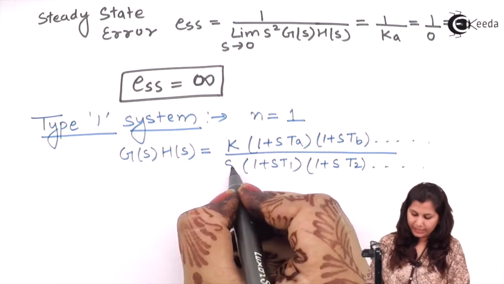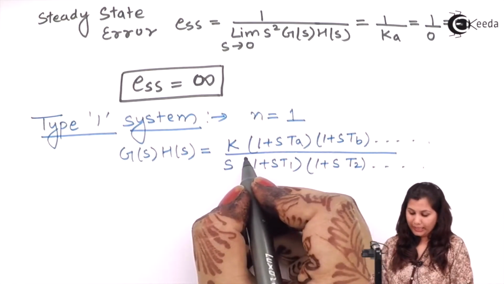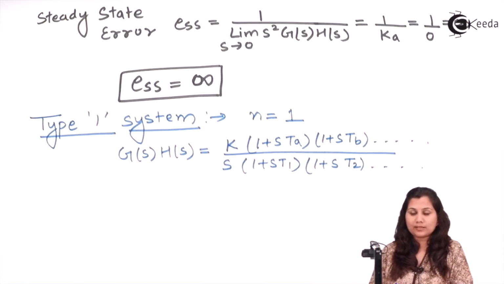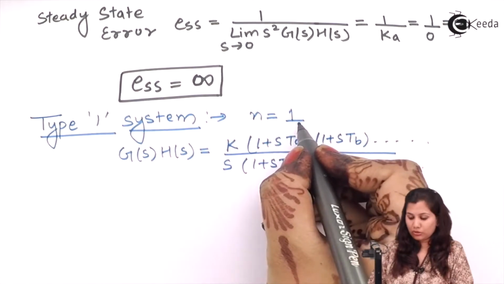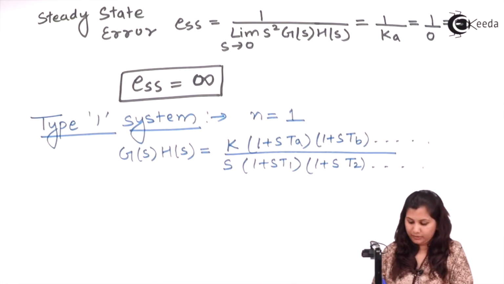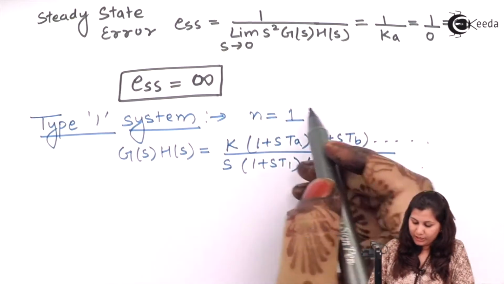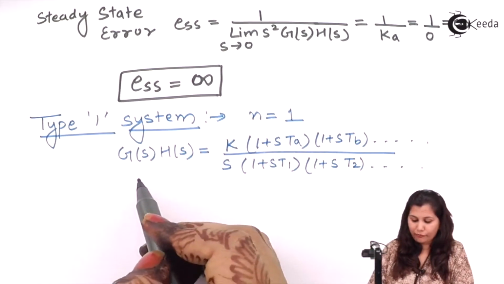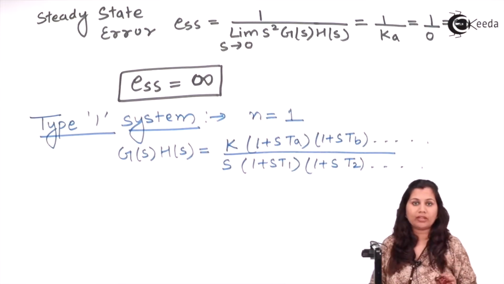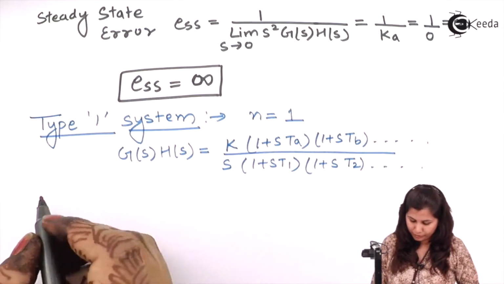Here we were having s to the power n, so n is equal to 1, so we will have s here. For type 0 system, n was equal to 0, so s to the power 0 is 1. So we have this open loop transfer function for type 1 system. Now let's take the case when we have first the step input.